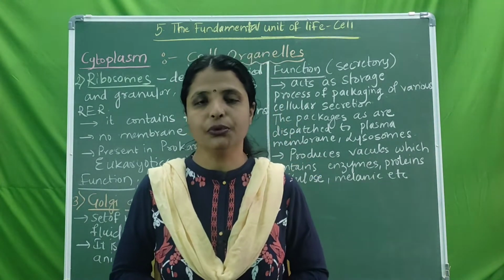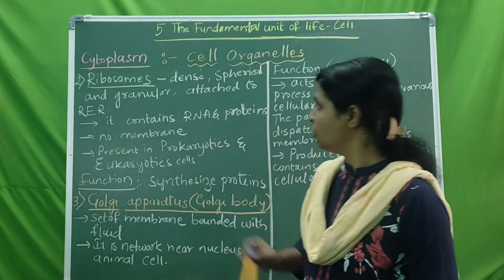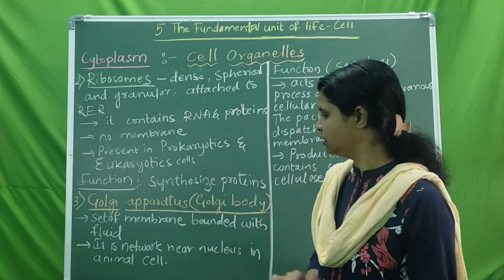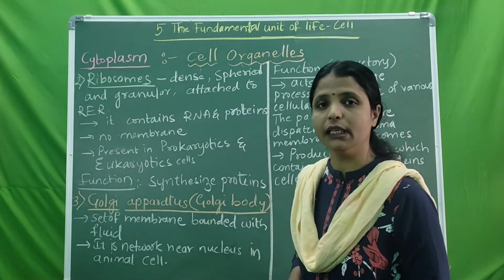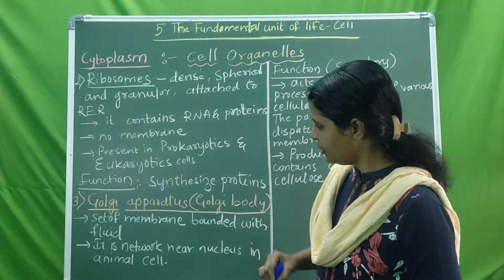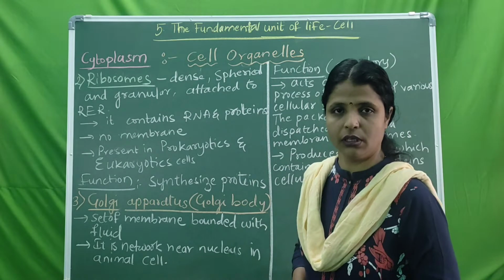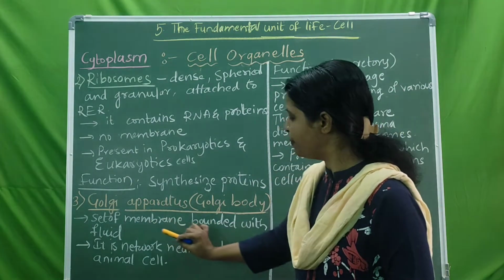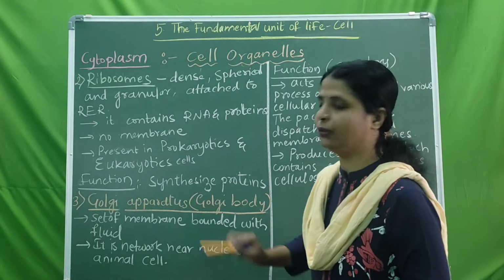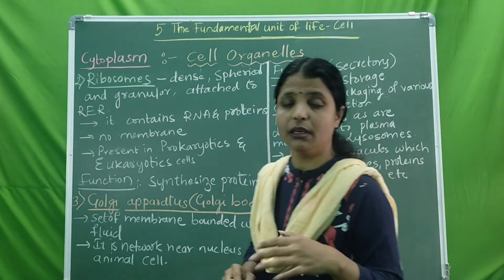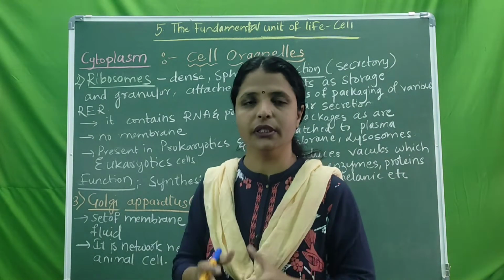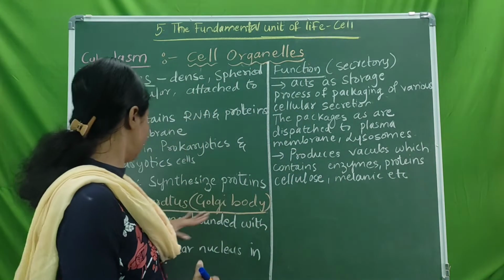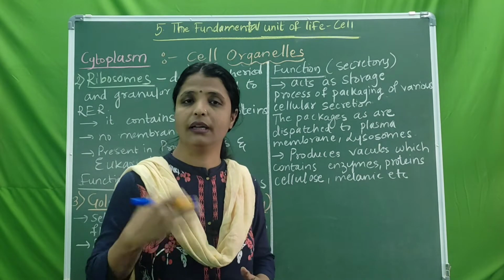Now we shall move to the next cell organelle, that is the Golgi apparatus, also known as the Golgi body. Now let's see how it is. The Golgi apparatus or Golgi body has a set of membranes bound with fluid. So it has many membranes which are filled with fluid, and the Golgi apparatus also occurs in different forms.